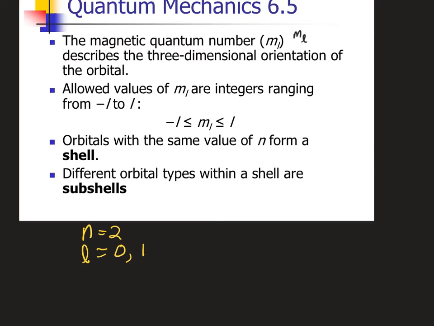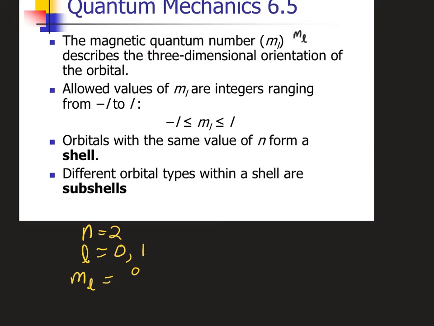The M sub L values, you need to take for each of the L values. Well, you can't subtract 1. Well, you can, but it doesn't work out so well. Your M sub L value, when L is 0, is also 0. It only has one orientation in space.